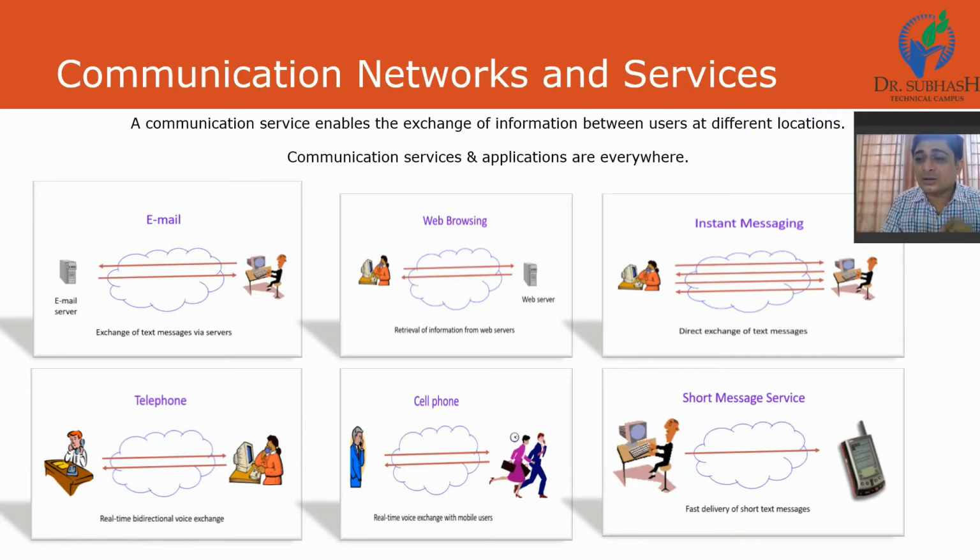There is a network. Using this network we can provide video tutorials to you. That is the use of a computer network. Without internet we cannot provide our data to you. There are alternatives, but that is difficult. Okay, so a communication service enables the exchange of information between users at different locations.